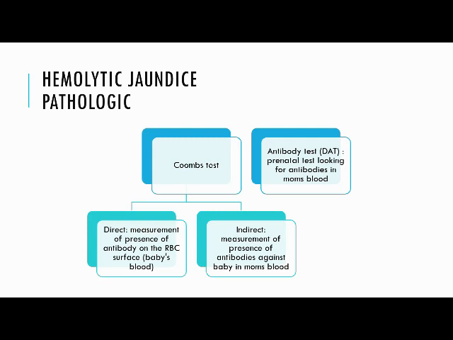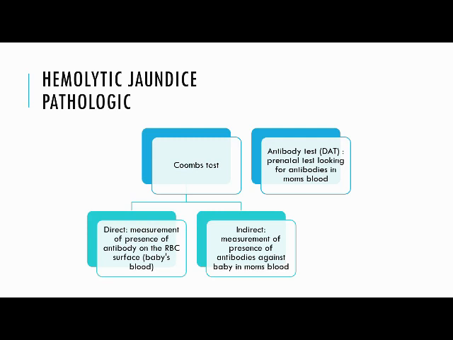And they are attacking the foreign infant's red blood cells and destroying them. I say foreign because it's foreign to the mom's system. They have a different blood type than baby. And this can cause hemolytic jaundice when it happens. It can be a significant cause of anemia when it occurs in its most severe form, which we'll talk about in a little bit. And so we often do this to just assess whether that is happening or not.